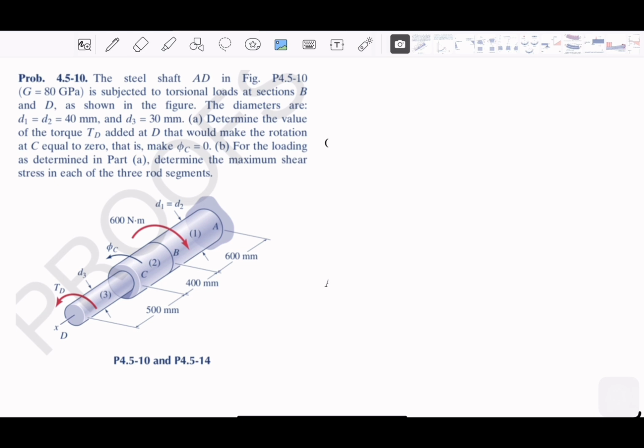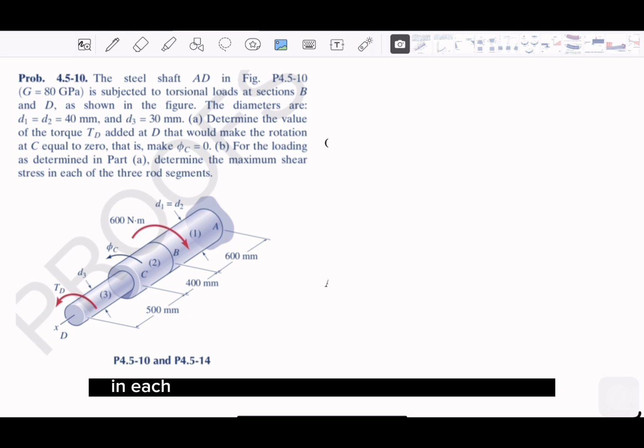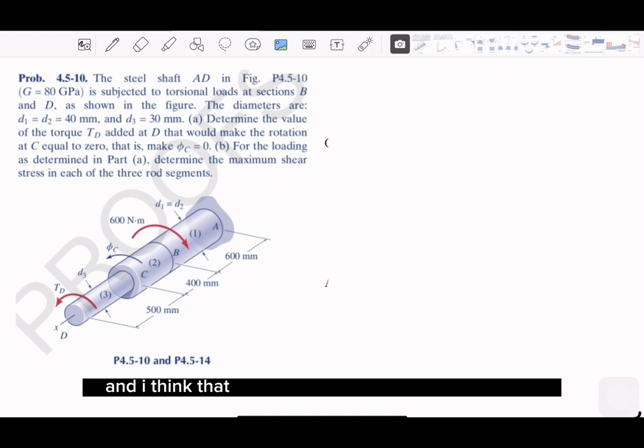And then determine the maximum shear stress in each of the 3 rod segments. So we are having 1, 2, 3. Okay. And I think that is based on where the torque is, right?